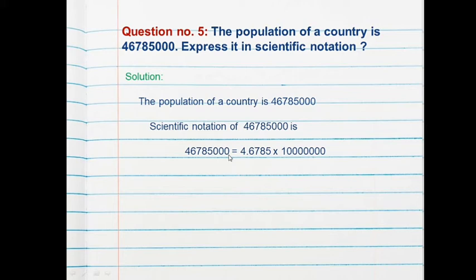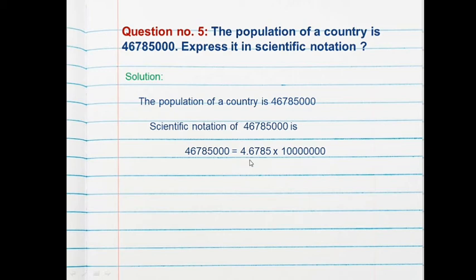So we will multiply it with a number. From where we have put the decimal, from there we have to count how many digits are there after that decimal. So how many digits are there? 1 2 3 4 5 6 7. If 7 digits are there, it means in multiplication we will write 1 with 7 zeros, as 7 digits are there after the decimal.